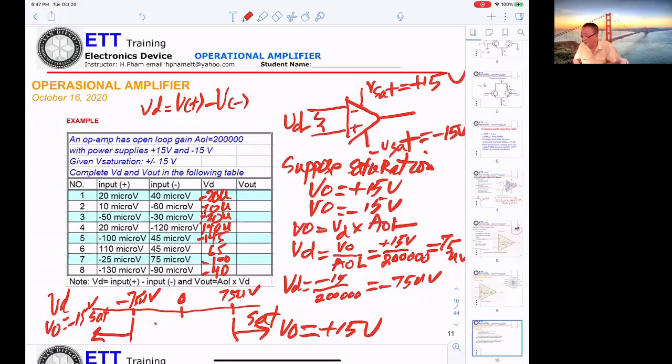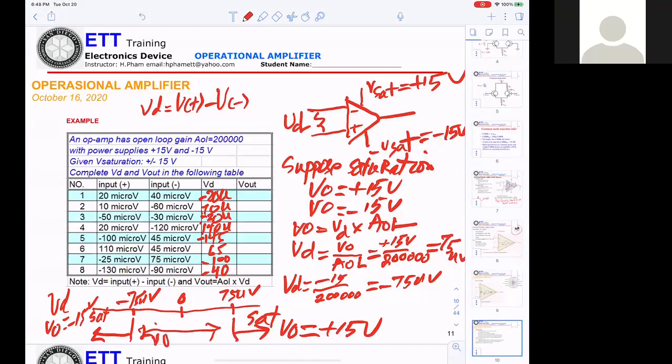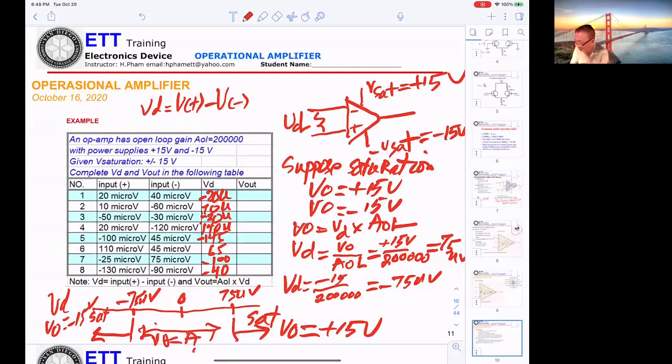Okay, so between minus 75 and 75, you want V out equals AOL times VD. Perfect. So do the calculation for number 1 through 8 for V out.